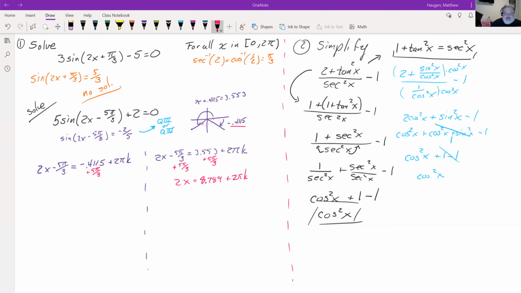So that's a 2x equals 4.824 plus 2 pi k. If I do anything weird with these down here, let me know. Divide by 2, divide by 2. So our general solution will be 2.412 plus pi k.